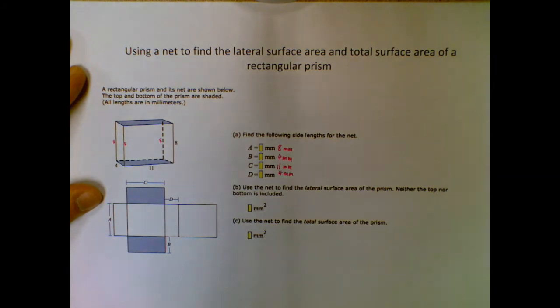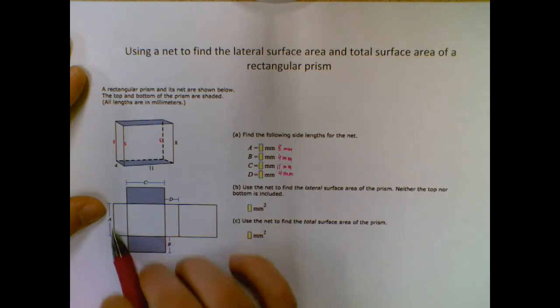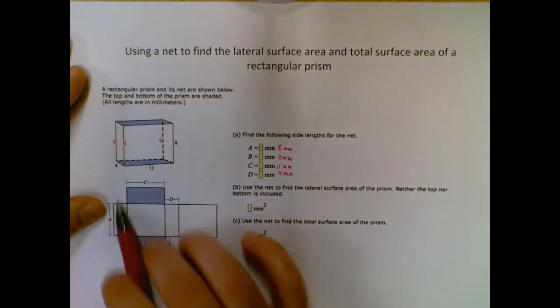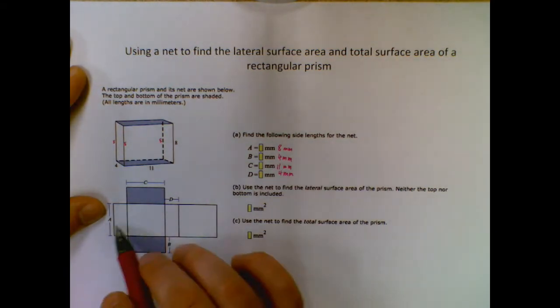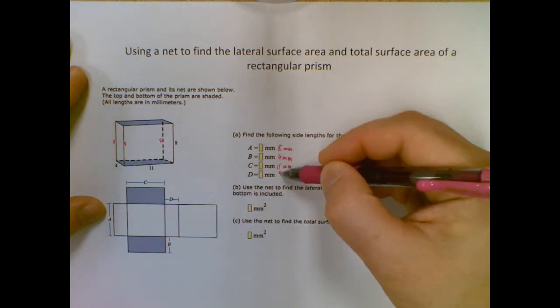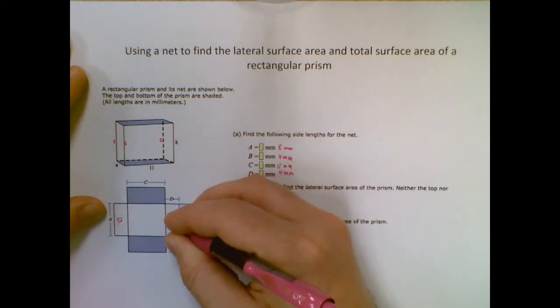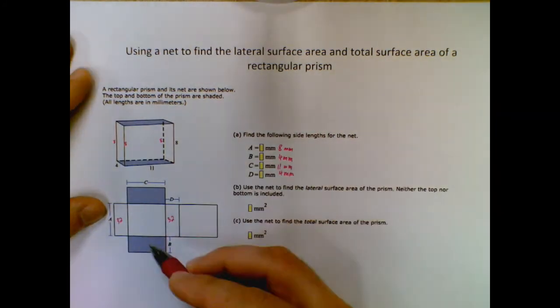So, looking at this one over here, this is A and then D, right? These are going to be the same rectangles. So, A and D is 8 and 4. So, 8 times 4, this will be 32, which makes this one also 32.